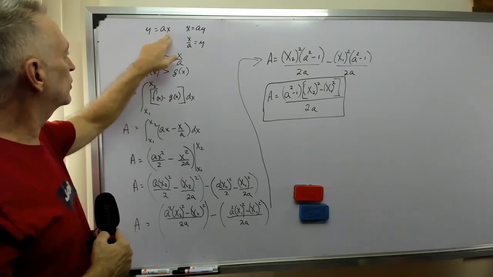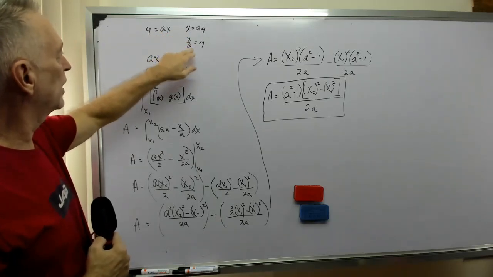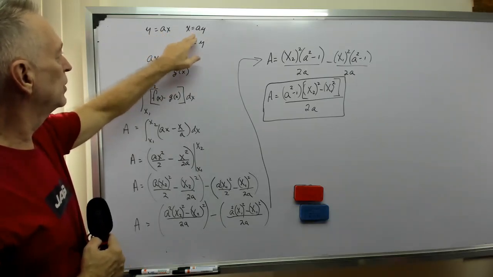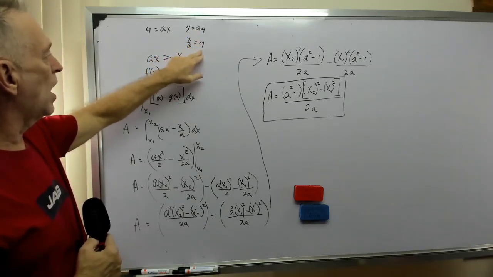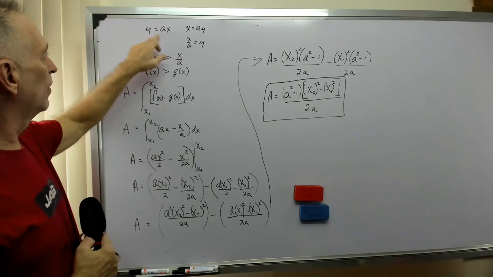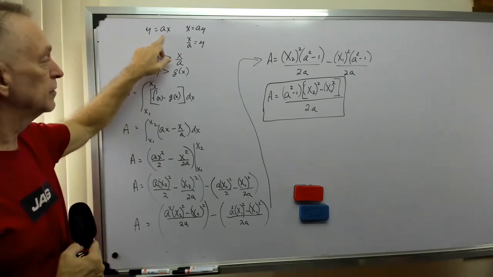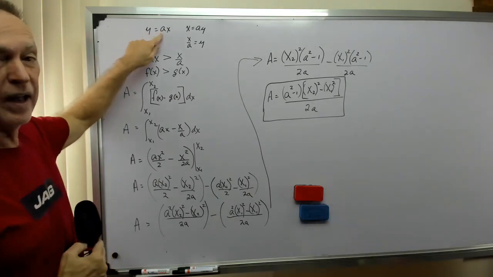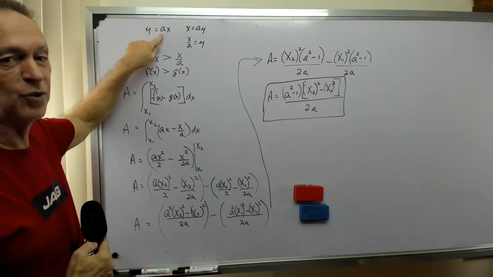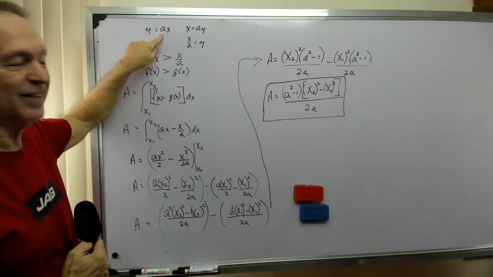Since we have y and x, let's solve the other equation by dividing both sides by a. So now we have y equals x over a and y equals a times x. Well, we don't know what a is, but let's assume it's infinity.